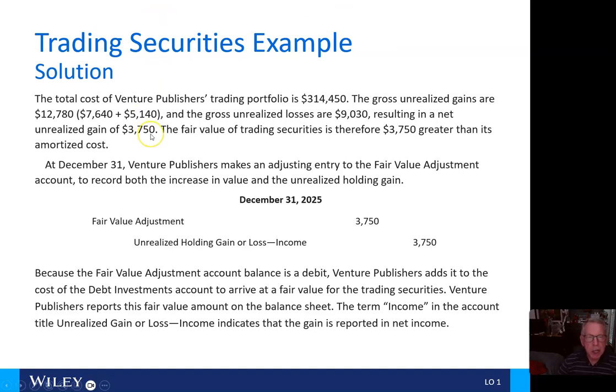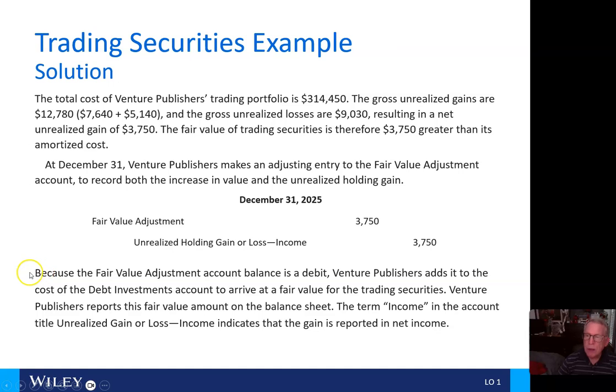So it's going to make an adjusting entry to the fair value adjustment account to record both the increase in value and the unrealized holding gain. That will be a debit to fair value adjustment and a credit to the unrealized holding gain or loss dash income account.